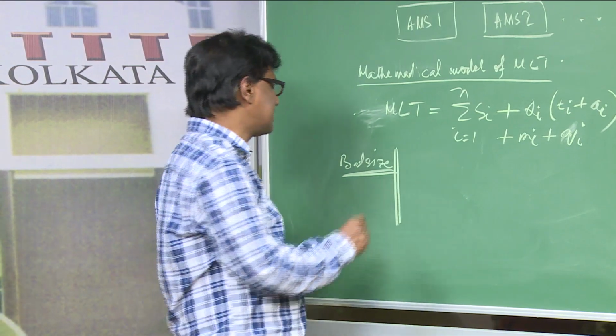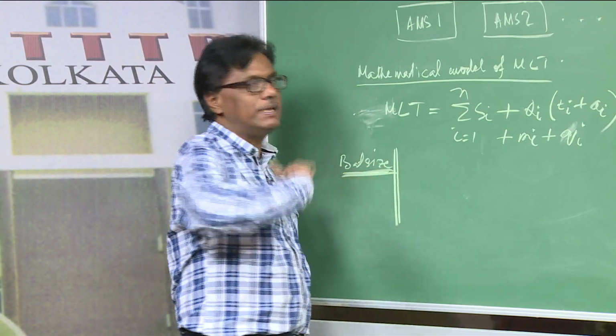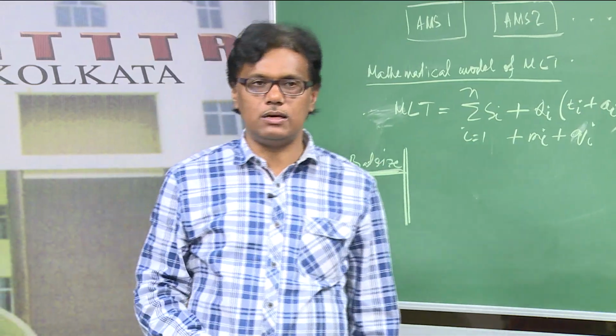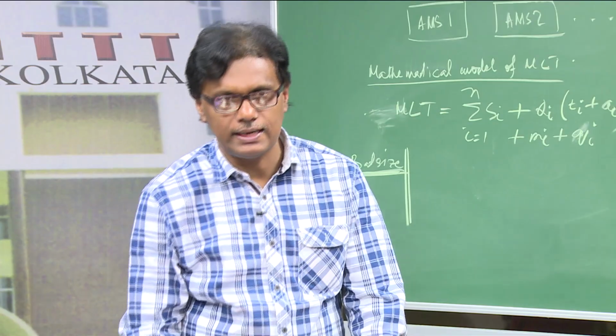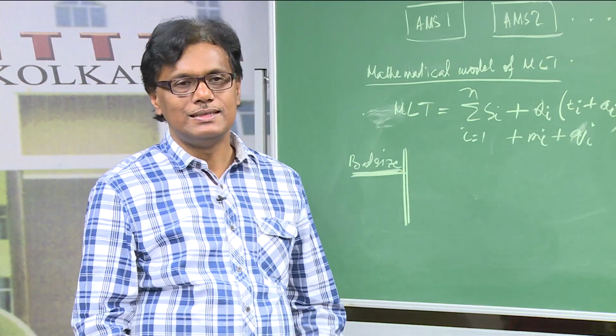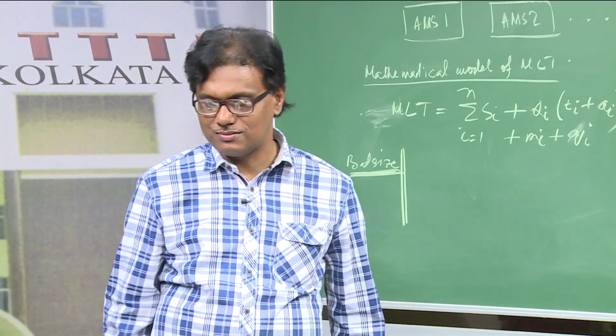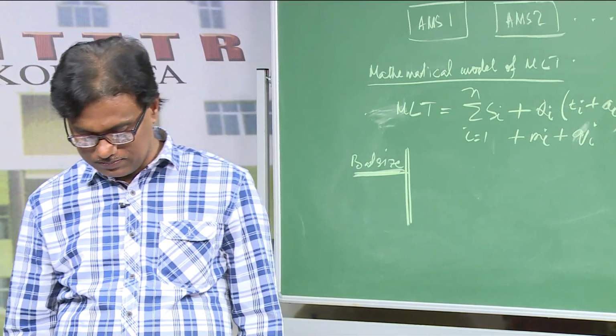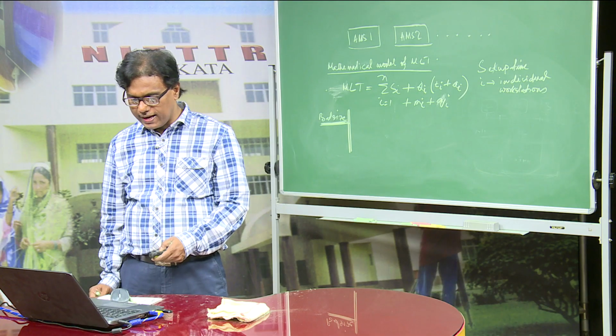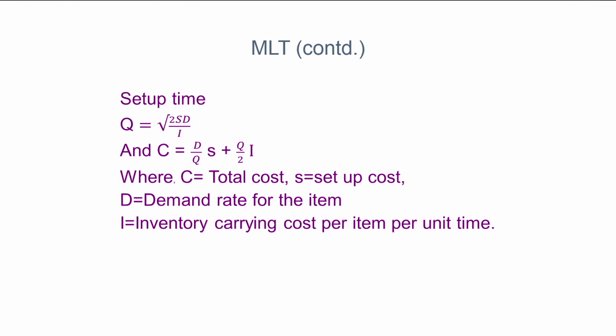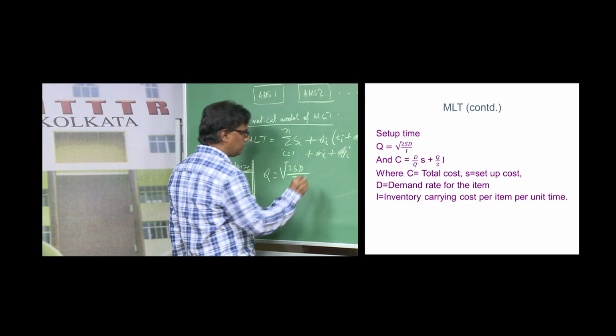It depends upon the cost of the product and the cost of inventory of the product. Let me show you a mathematical model of this. Q is equal to root over 2SD by I.